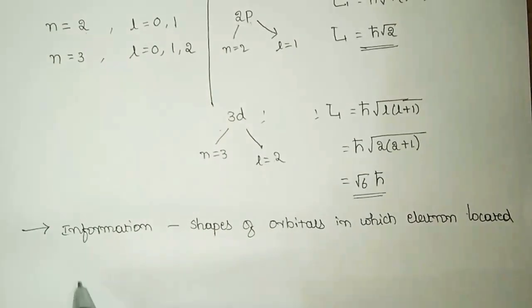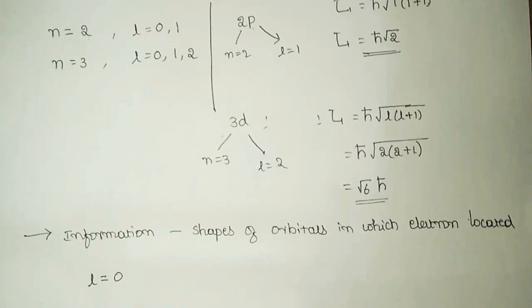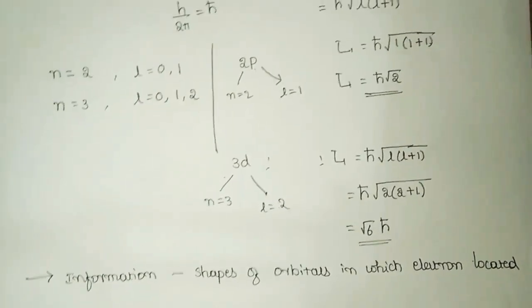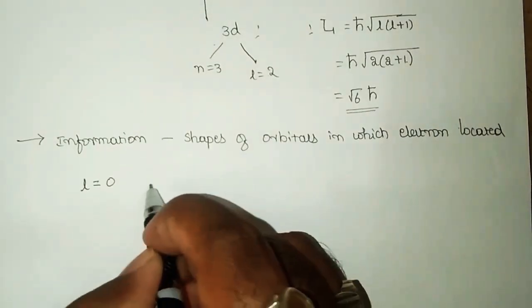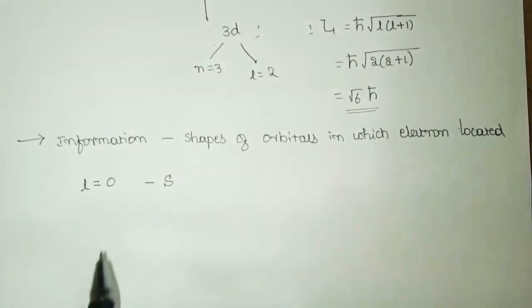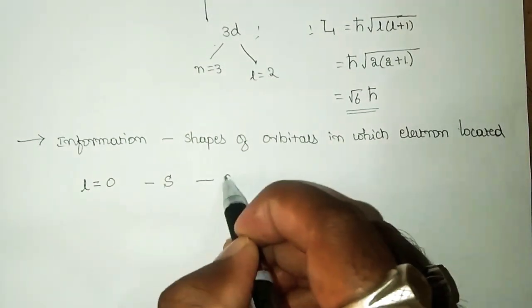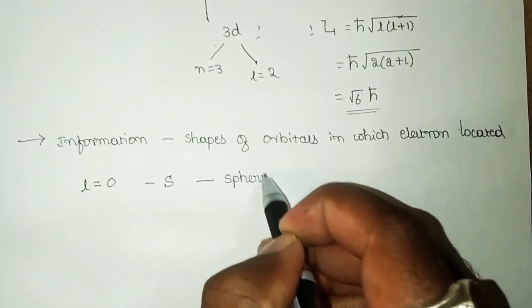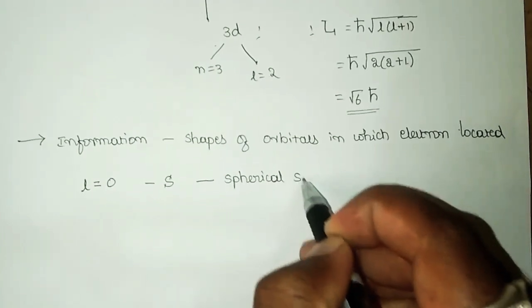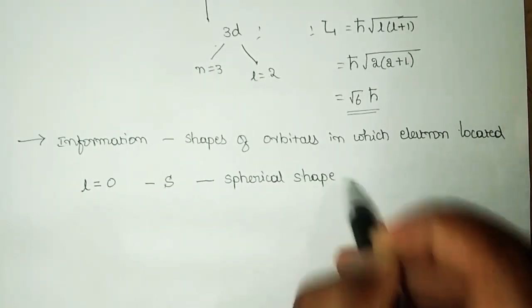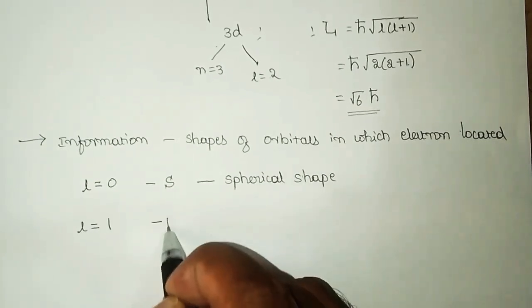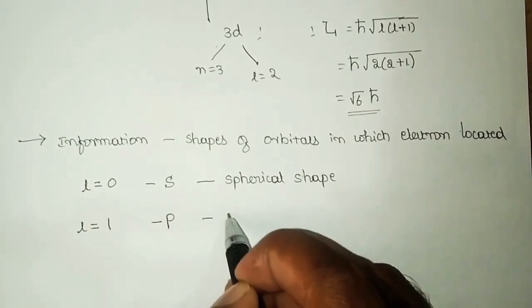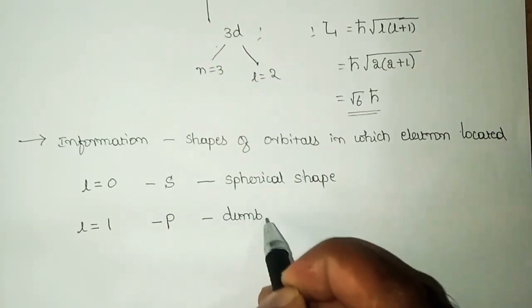So for example, if l is equal to 0, that is the s subshell, which has a spherical shape. The s orbital has a spherical shape. And if l is equal to 1, that is the p orbital, which has a dumbbell shape.